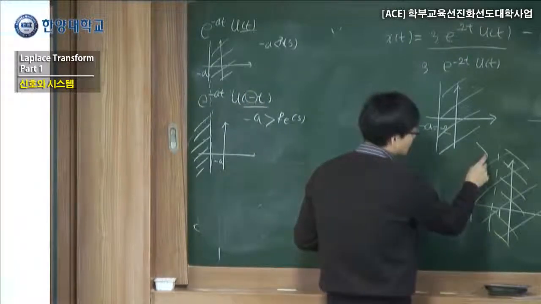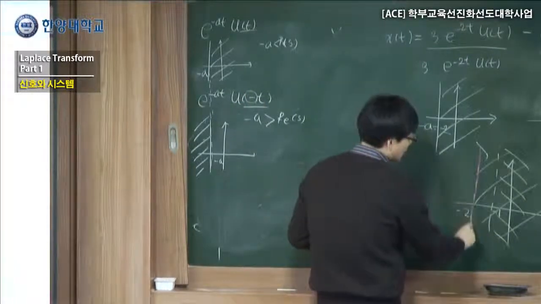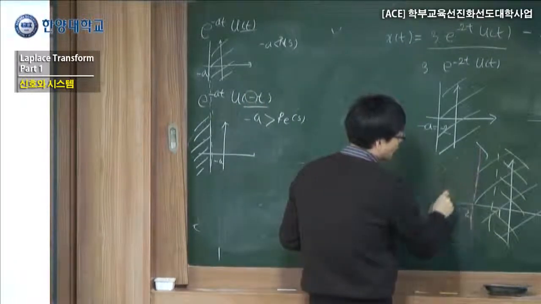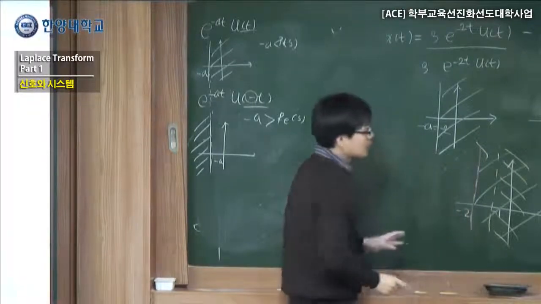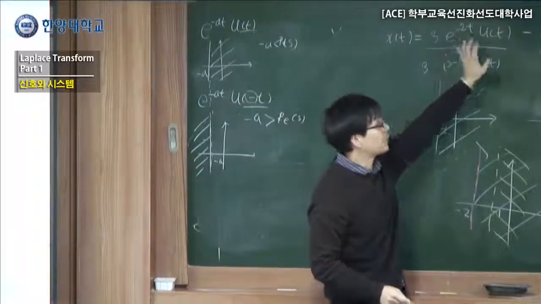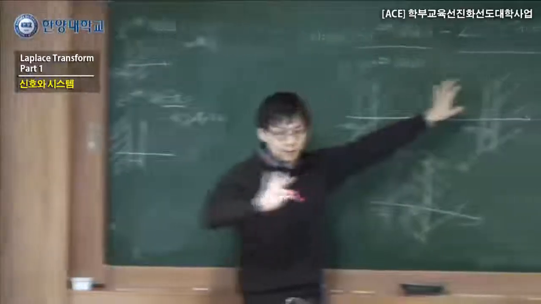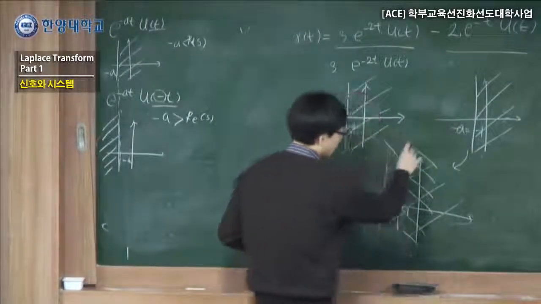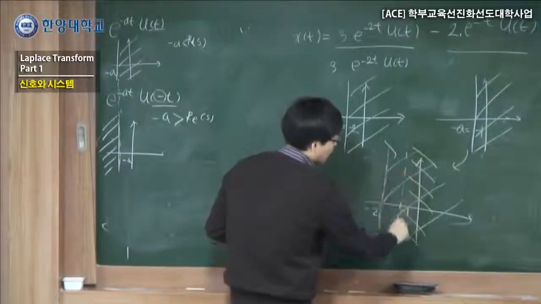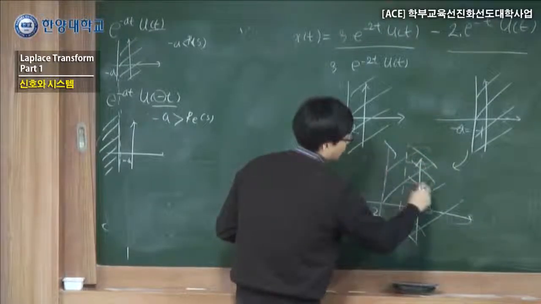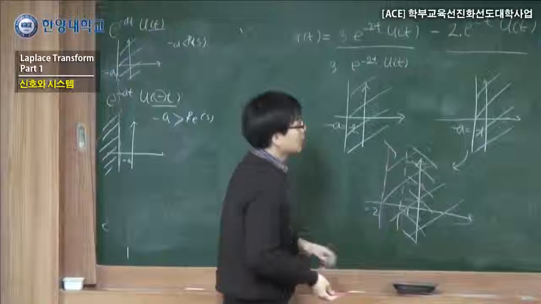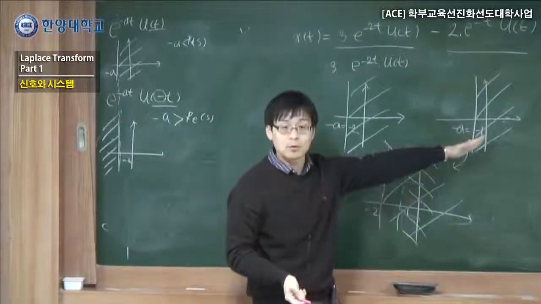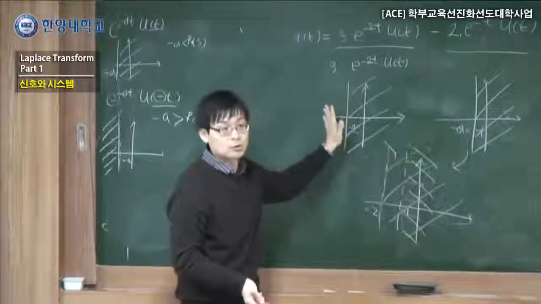So in this region over here, none of these converge, which is definitely not the region of convergence. In this yellow region over here, this one converges, this one converges.